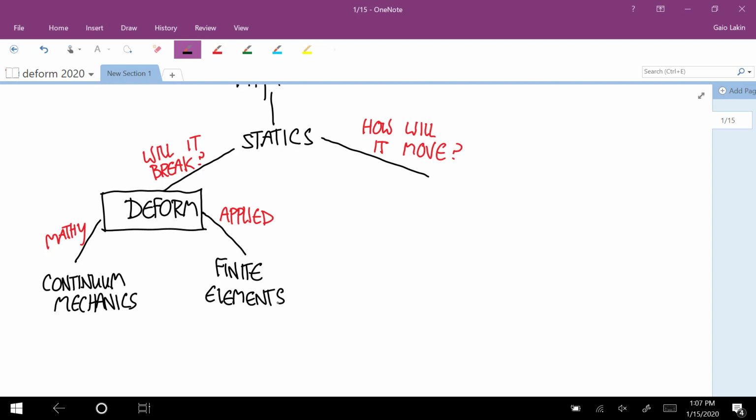And then on the other side of this, you go to dynamics. Probably half this class is in dynamics right now. So this is the one that's based on Newton's laws.